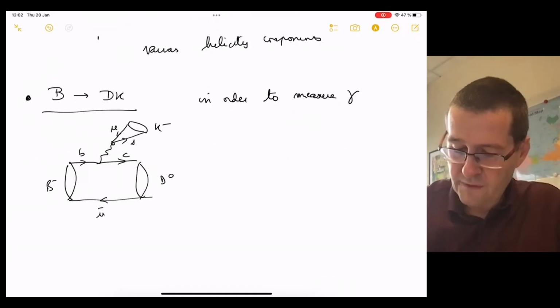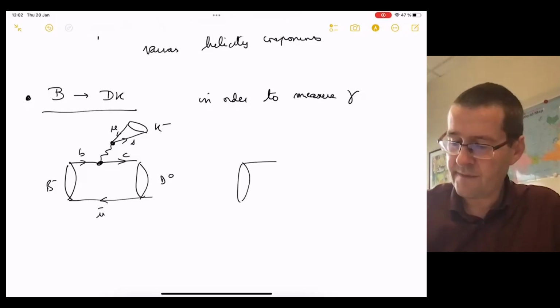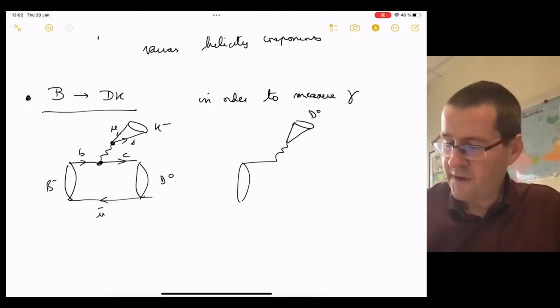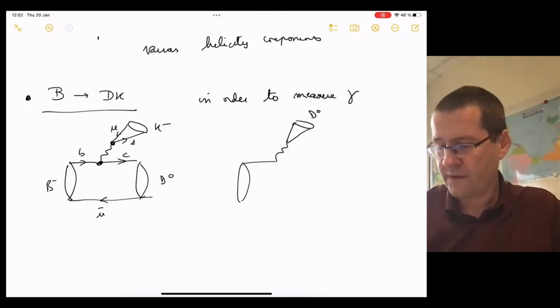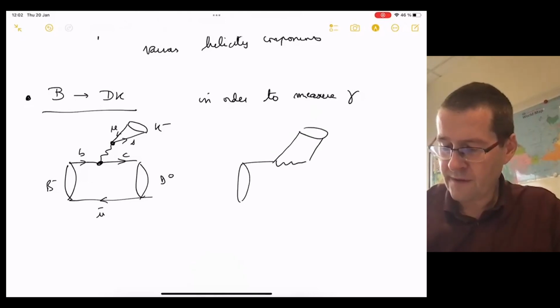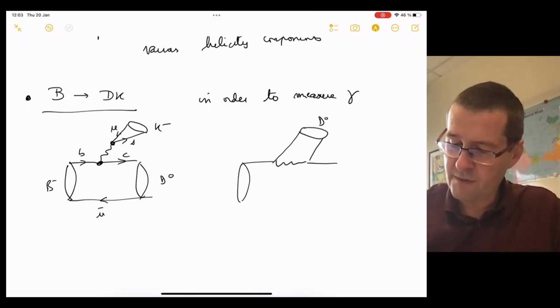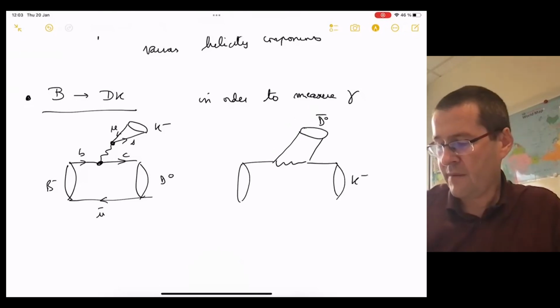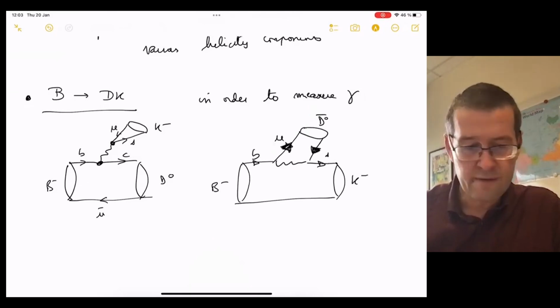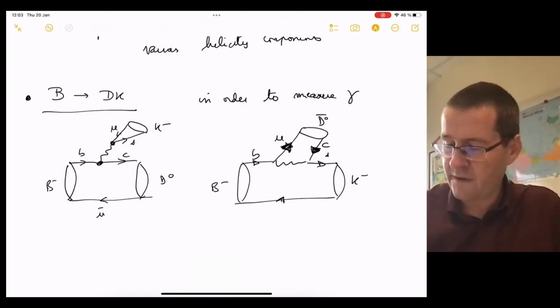So you have, for instance, this one, and then you've got another diagram that can contribute, with the same charge particles, but as you can see, there is a difference in the neutral D meson that is involved.